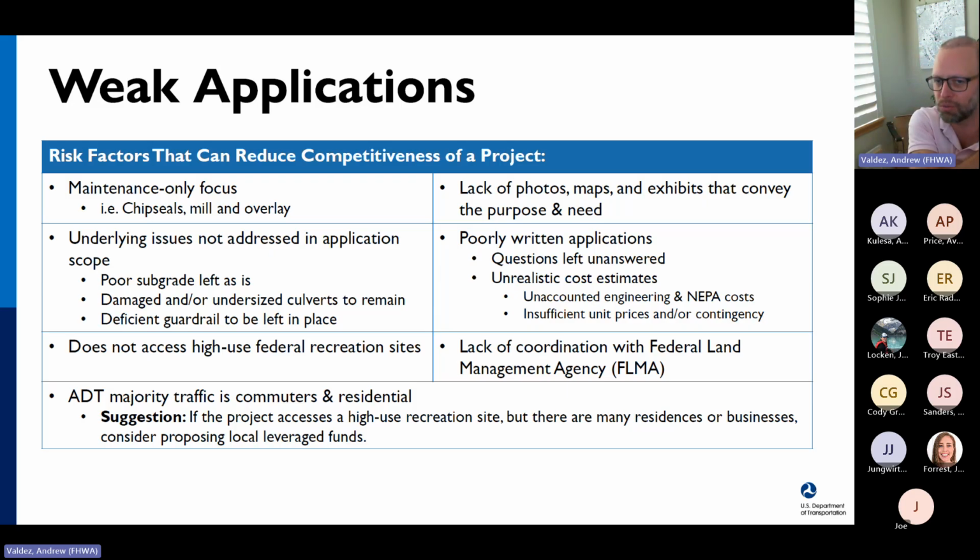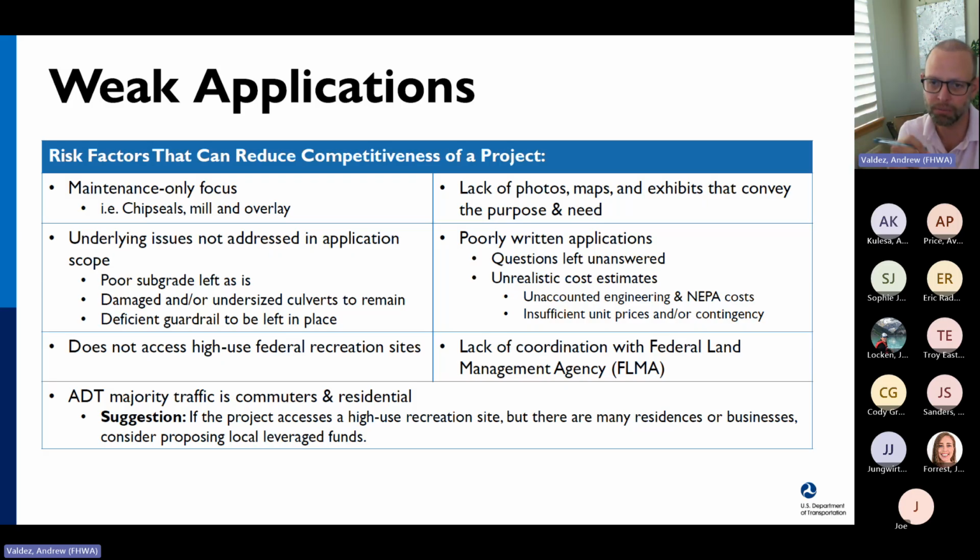Pictures are always worth 1,000 words, so photos, maps, whatever context you can provide in an application to clearly communicate the purpose and need of the project. We also have a section to add a link to a video file or record a YouTube video. Those are hugely helpful in assessing applications.